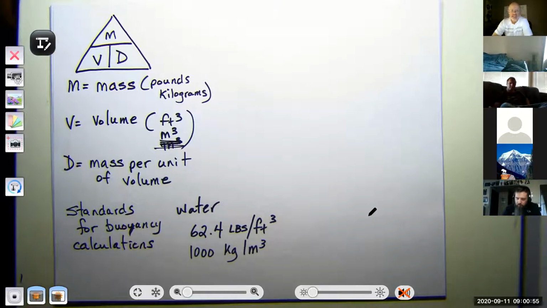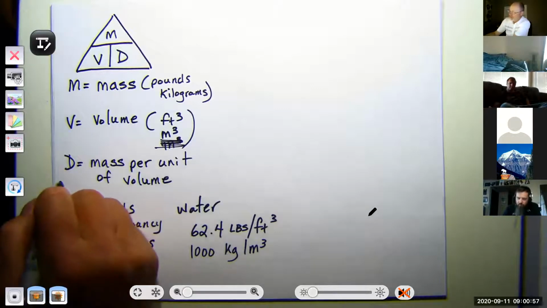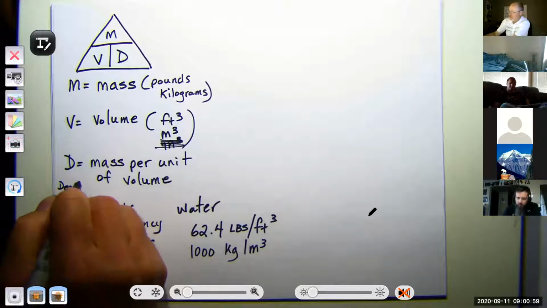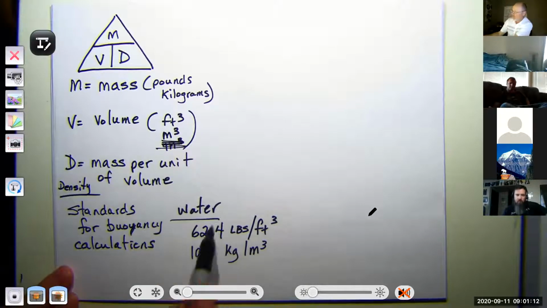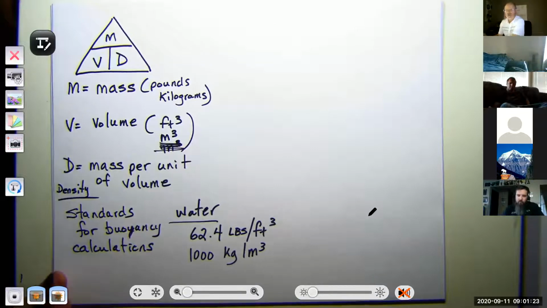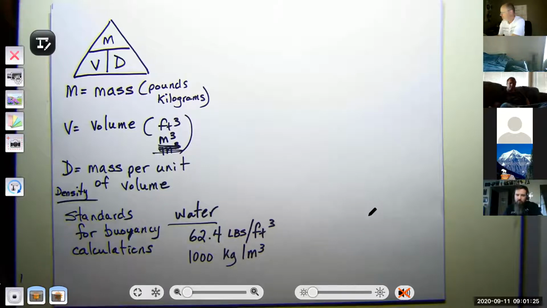Density, the D, is mass per unit of volume. And the standard that we're going to use today is the density of water, which is 62.4 pounds per cubic foot, or metrically 1,000 kilograms per cubic meter.